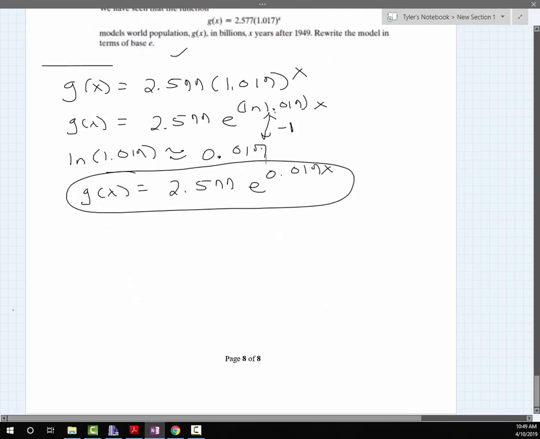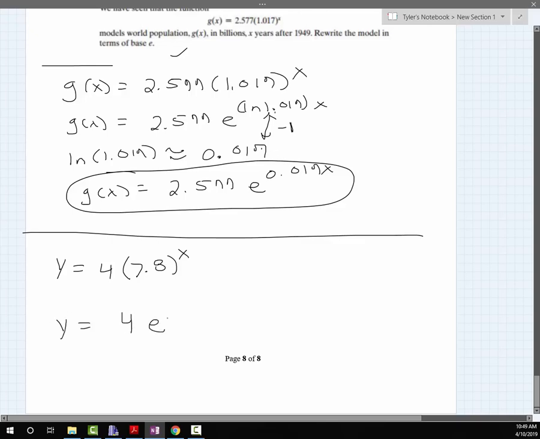So I came up with another example to help with this. Let's say you have the equation y equals 4 times 7.8 raised to the x, and we want to rewrite in terms of base e, just like before. So this means that y equals 4 e raised to the natural log of 7.8 times x. Then simplifying, what's the natural log of 7.8?